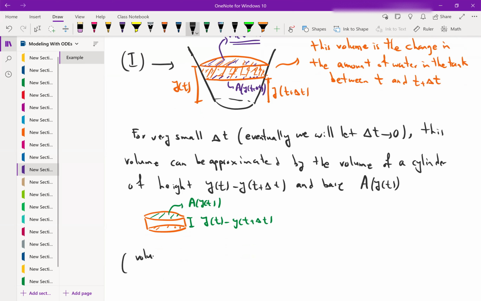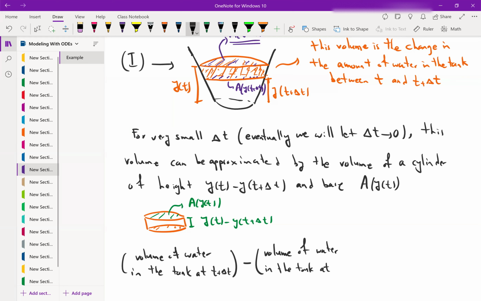The volume of water in the tank at time t plus delta t minus the volume of water in the tank at time t is approximately equal to, this is the change in volume, and it will be a negative number because water is draining.